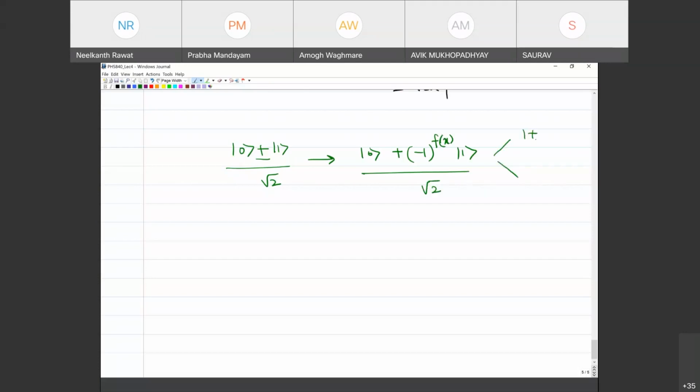And when f of x is 1, this becomes minus. So this is a compact way of writing down the different cases that I wrote down in class on Friday. It is a more compact notation to say that the value of f of x feeds into the relative phase. I hope that clarifies it.